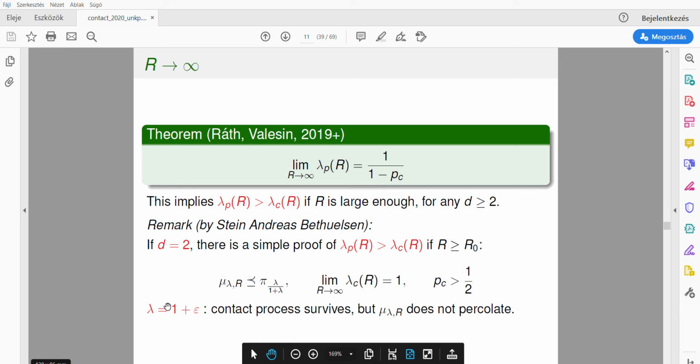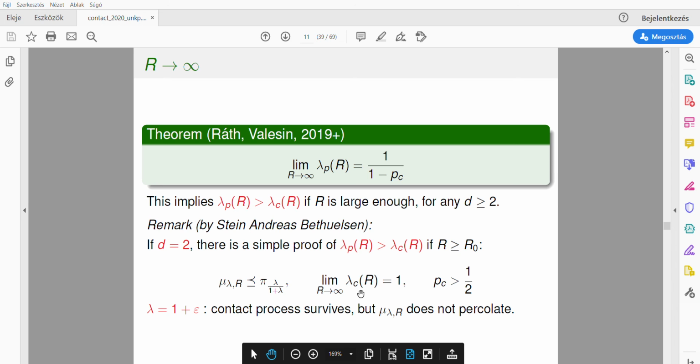Now, for this value of lambda, if r is big enough, then the contact process survives. That's the result of Bramson, Durrett, and Swindle, that lambda c converges to 1. So if lambda is 1 plus epsilon and r is big enough, then the contact process survives.